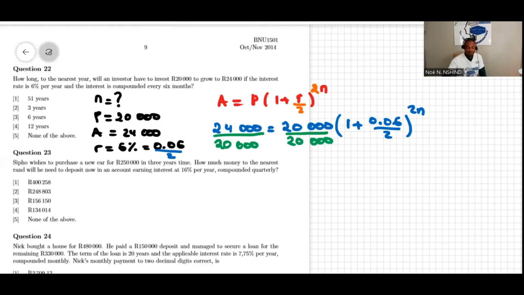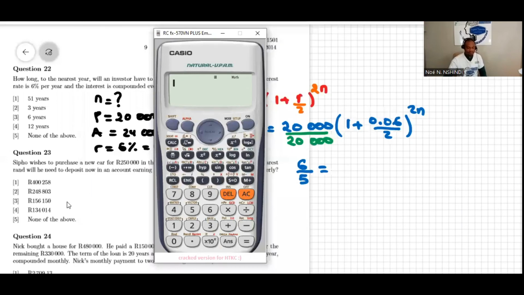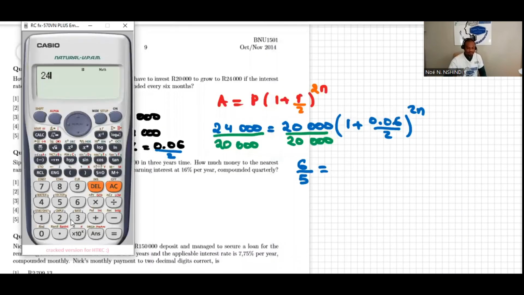If you use a calculator, 24,000 divided by 20,000 is 6 over 5. Excuse me, 6 over 5, not 5 over 6. We divide by 4,000 and get 6/5 equal to the bracket. We can check that in the calculator: 24,000 over 20,000 is equal to 6/5.